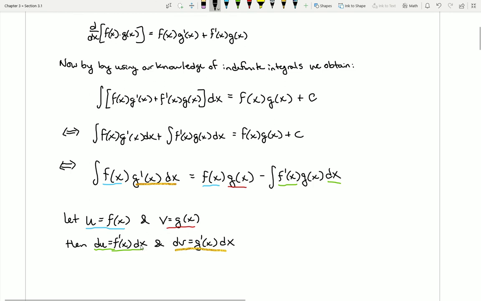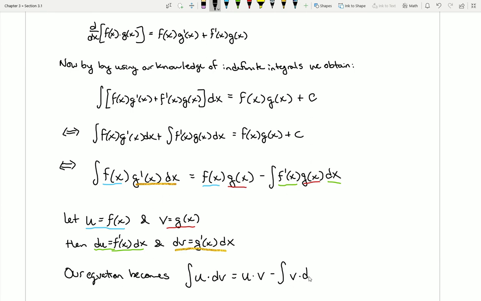So with this in mind, I can then see what our equation turns into. Our equation becomes an integral of u multiplied by dv, and that should be equal to u times v minus an integral of, over here, notice I actually forgot to mark, there's another instance of v, and then I'll write all the green stuff at the back, which is du.